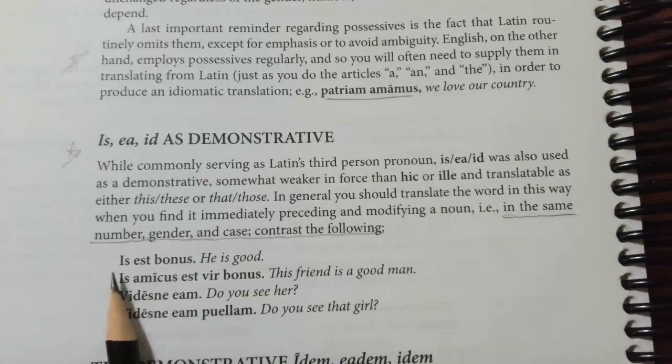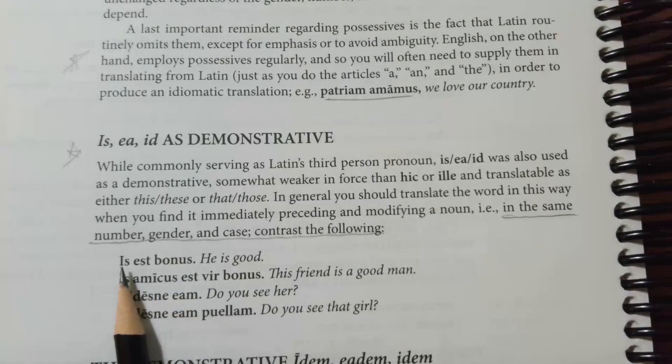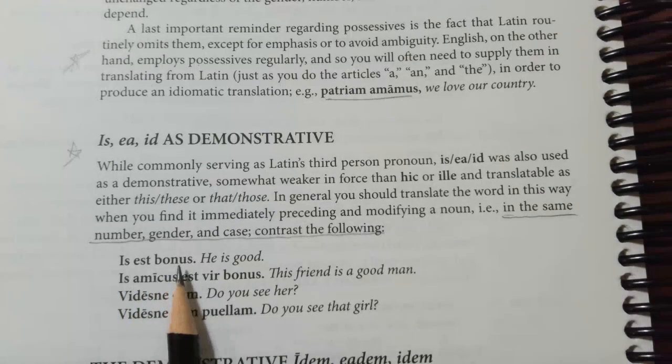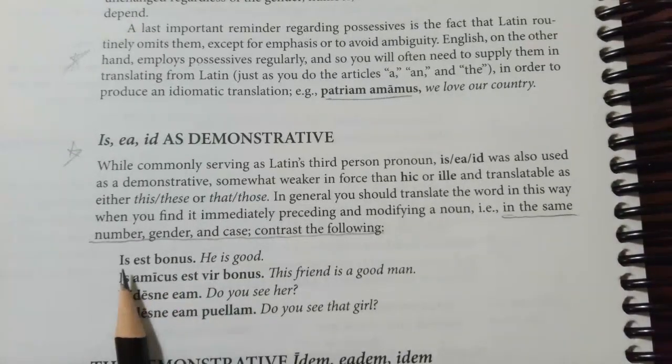Is est bonus: personal pronoun, nominative, singular, masculine. Bonus is also nominative, singular, masculine. He is good. That's is, ea, id being used as a personal pronoun.